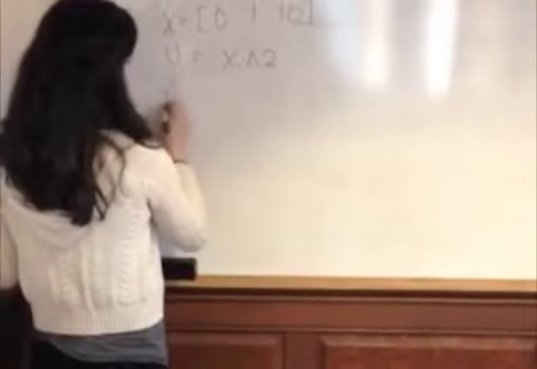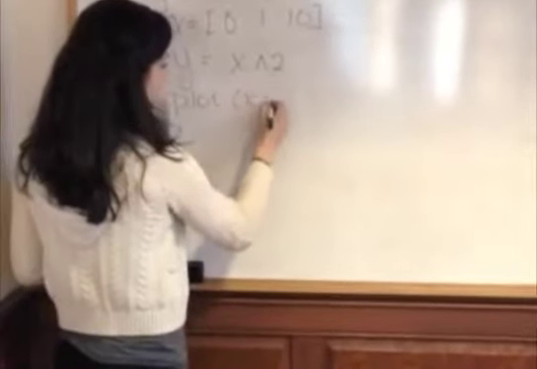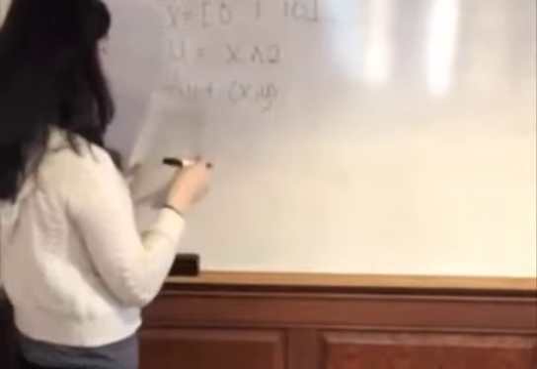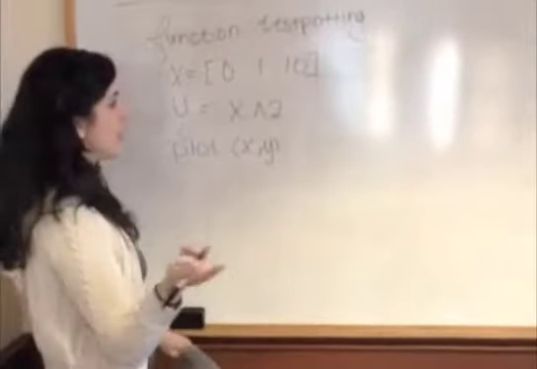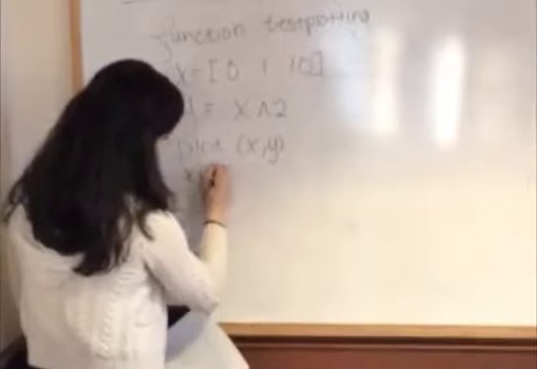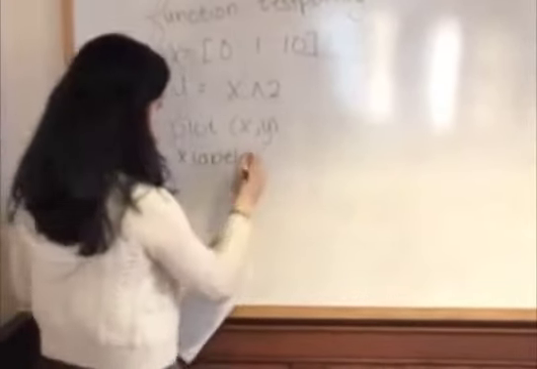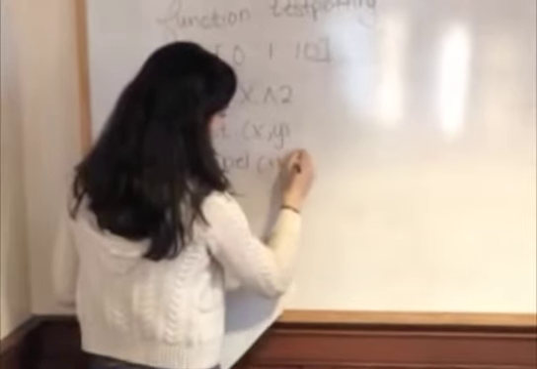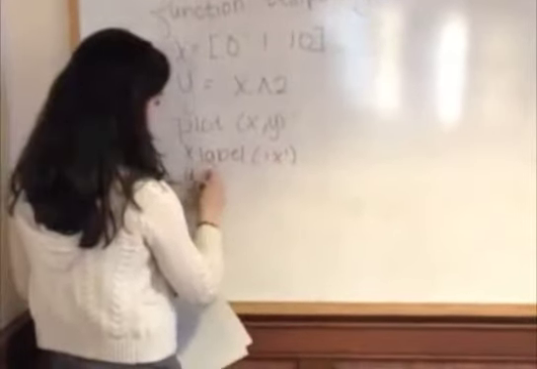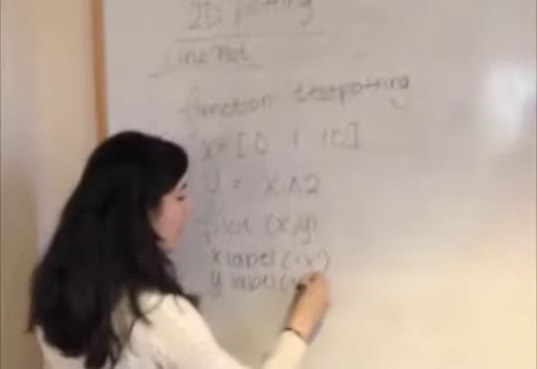So now we're going to plot x and y. We're going to use the plot function. And if we want to do a label on our x and y axis, we do xlabel. We can name it anything we want, so we can just say x. And then a ylabel, just to be y.